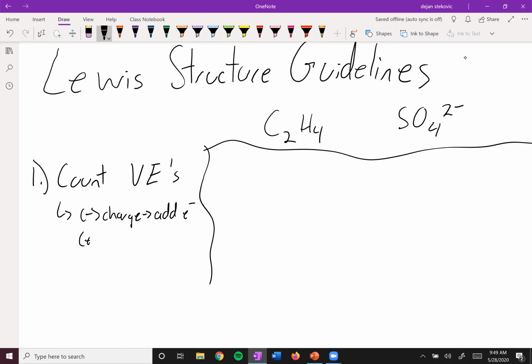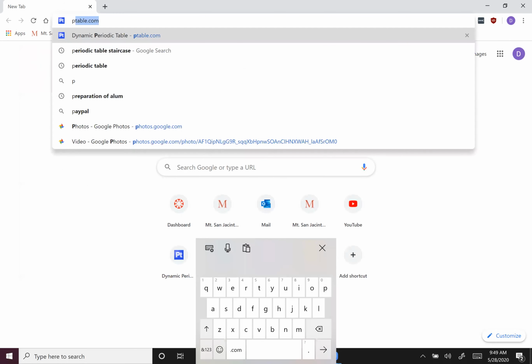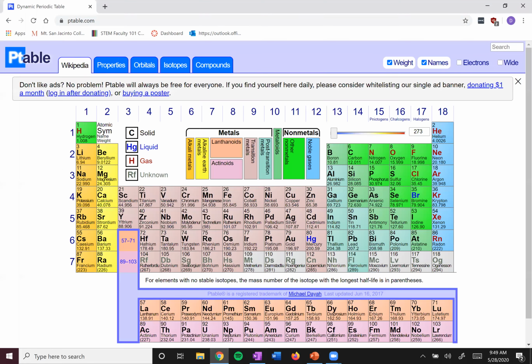And if you have a positive charge, that means that you lost an electron, so we subtract out an electron. In order to identify your valence electrons, you want to use a periodic table. I like this one, ptable.com.